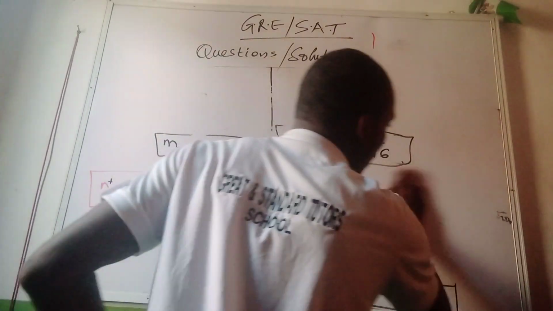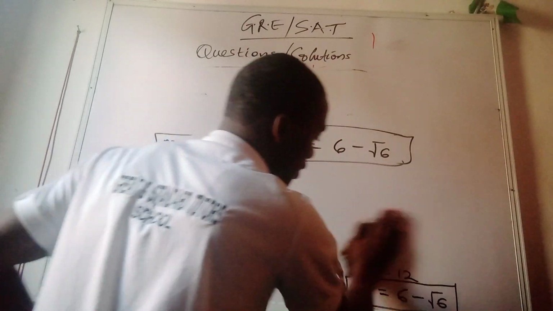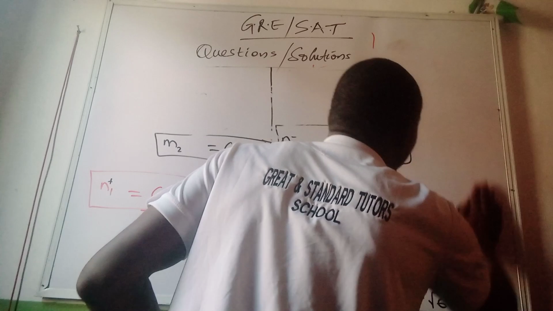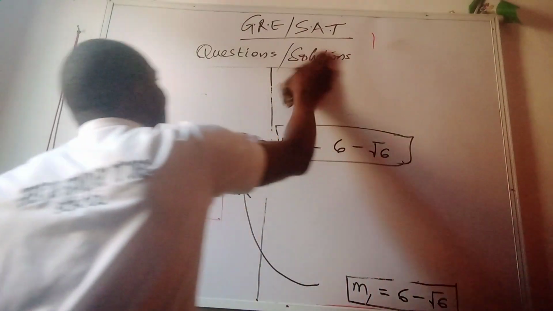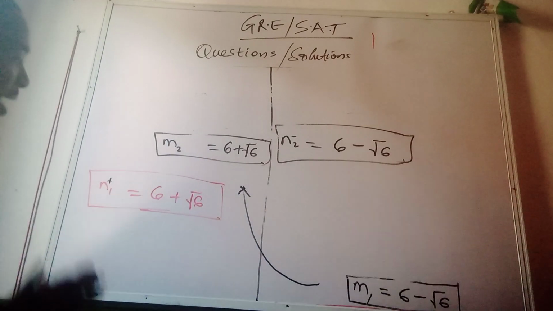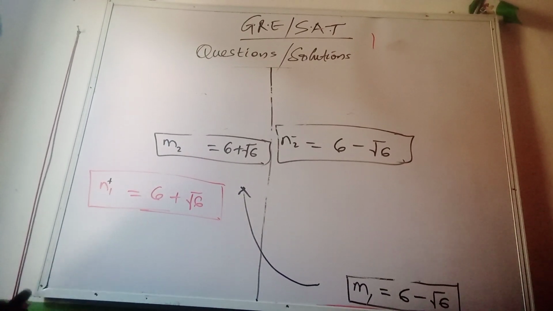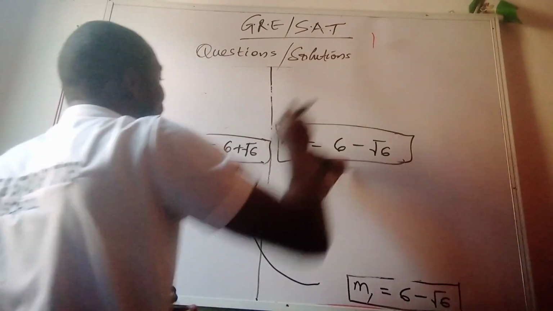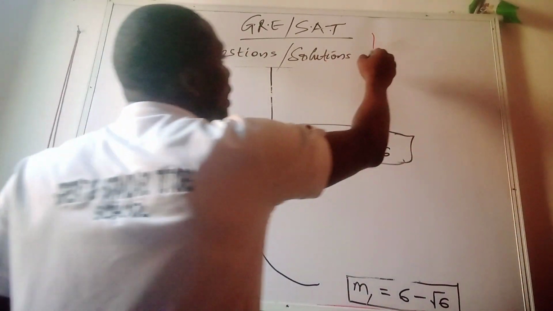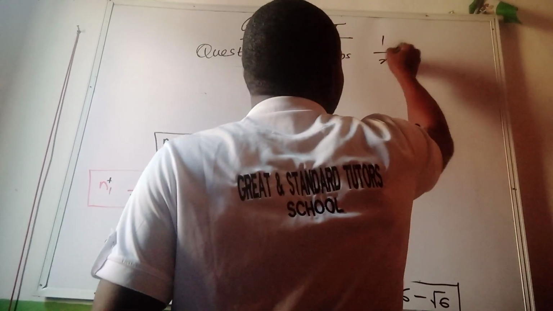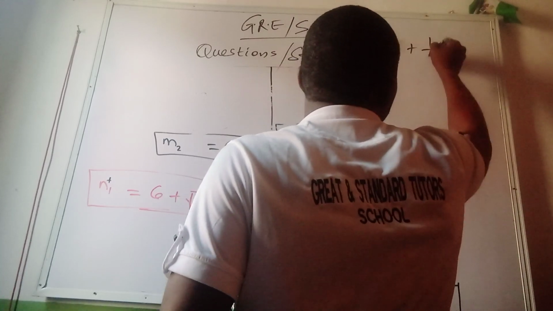Now, the last part of the question says you should find the sum of the reciprocal of n and m. These are the values of n and m. Now we are finding the sum of the reciprocal. That is to say, in a nutshell, 1 over x plus 1 over y.